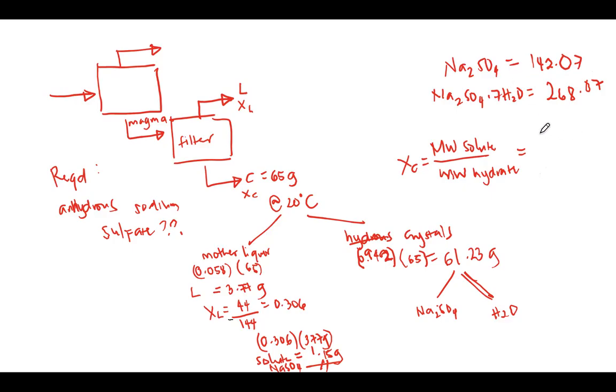So, 142.07 divided by 268.07. Your XC is equal to 0.53. So XC is 0.53. So how much is the anhydrous, the crystals with no water?